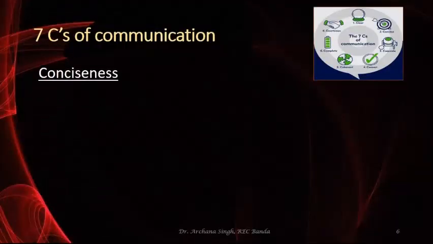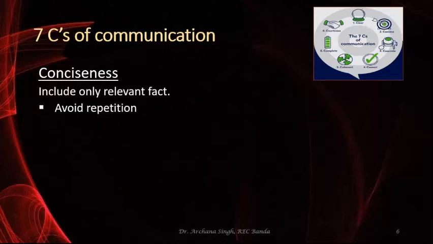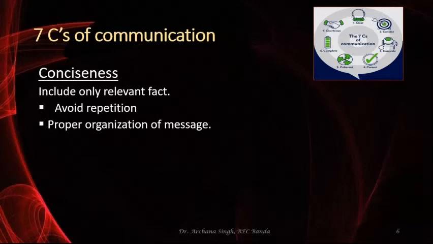Next is conciseness, which means brevity. You need to include only relevant facts, and that is only possible when you avoid repetition and arrange your message in a proper, organized way.